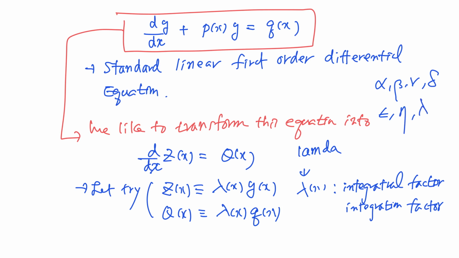This is lambda. We know mu, nu, sigma, tau, zeta, psi, etc. Of course, omega. So I may use several Greek letters during my class.